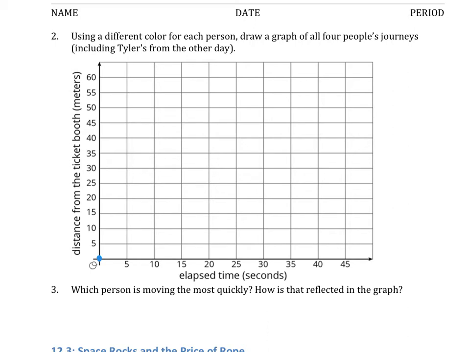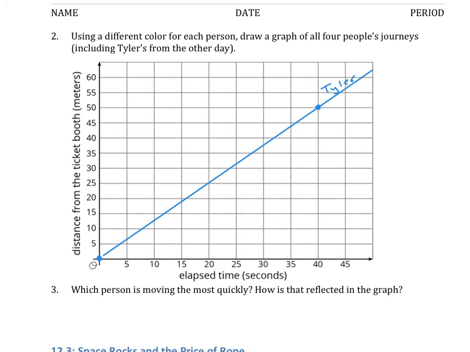So the origin represents the ticket booth, and then I'm going to plot the point 40, 50, which is right here. So this line here represents Tyler's walking. So I'm going to draw a line that connects Tyler. So there's Tyler.